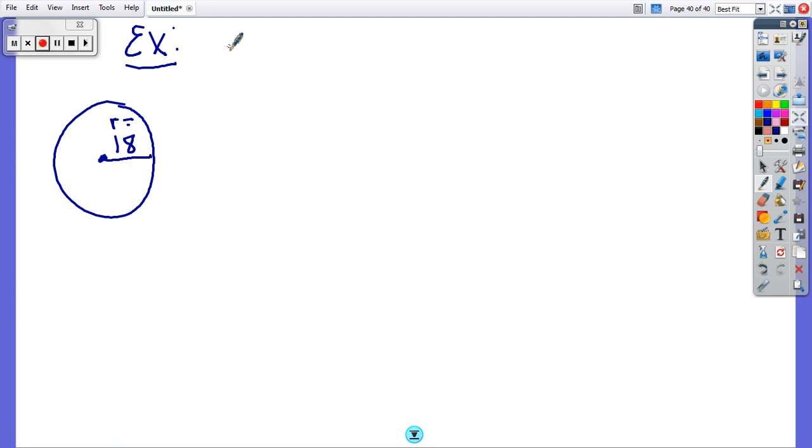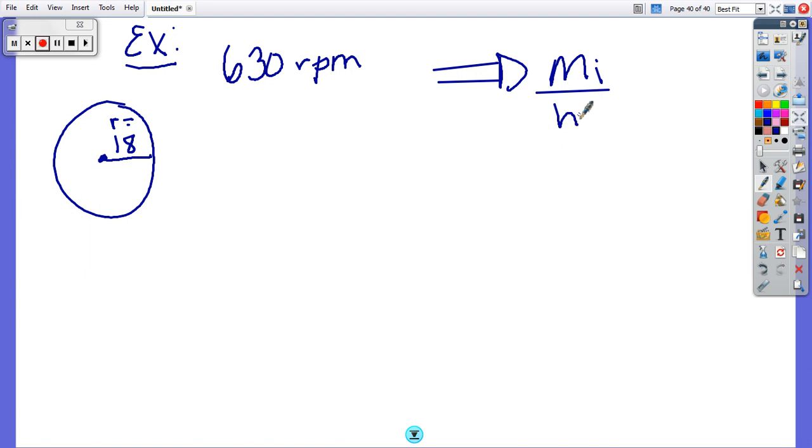They're rotating at 630 RPM, or revolutions per minute. I want to find the speed in miles per hour. So my ending units, after all my conversion factors, I want to end in miles per hour. Well, the first thing that we need to do is decide what is the distance around the outside of the wheel.